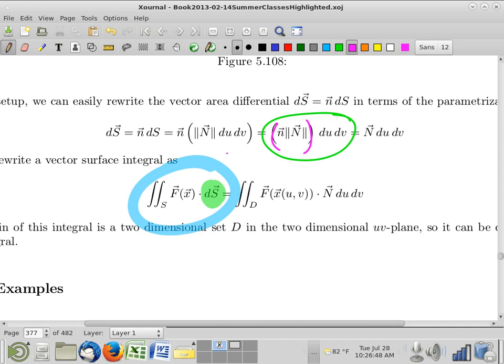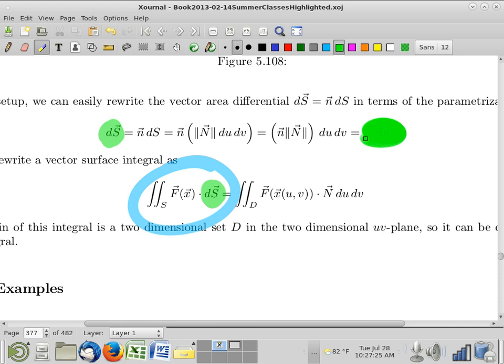And conveniently now, this is exactly the capital N vector. Think about it. This little n points in the direction of the capital N vector. This product, because little n is a unit vector, has magnitude that is the magnitude of the capital N vector. This product points in the same direction and has the same magnitude as capital N. So it is capital N. So there, then, is our handy-dandy formula for how to compute the ds vector.